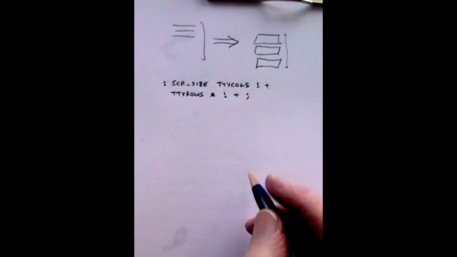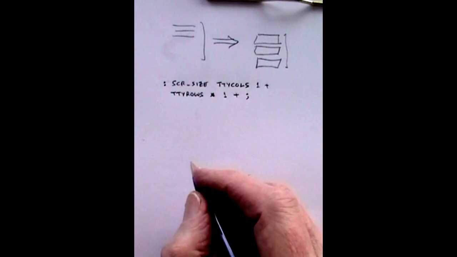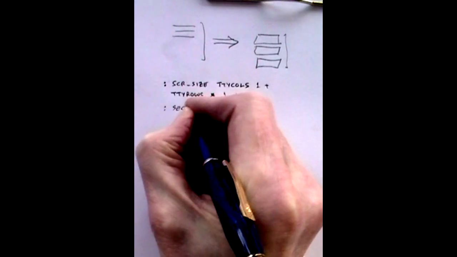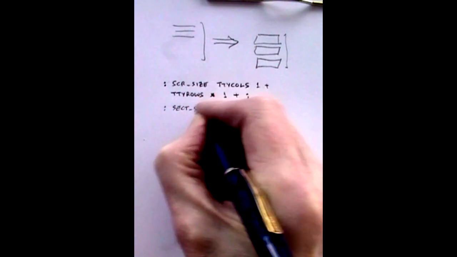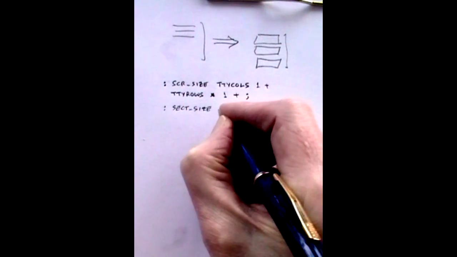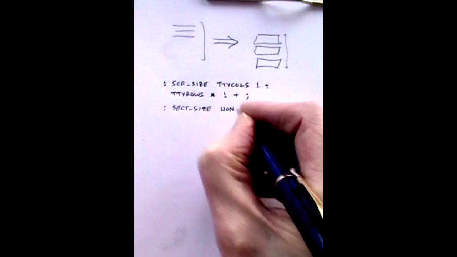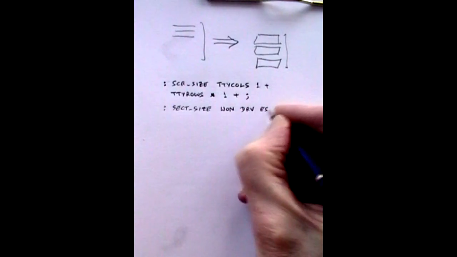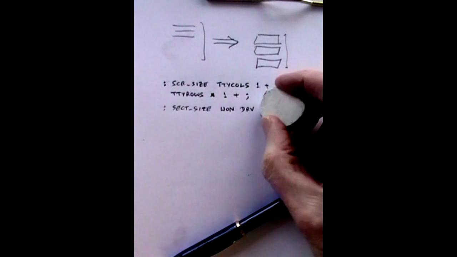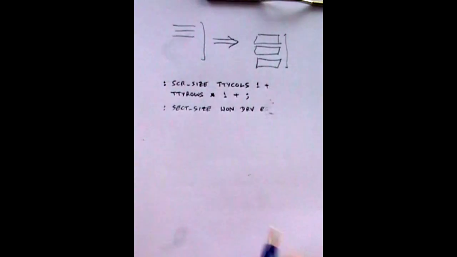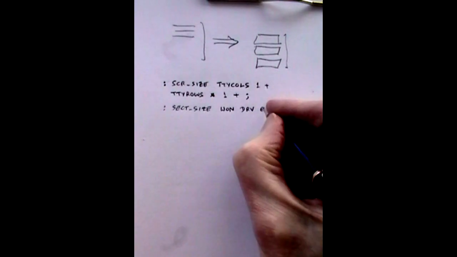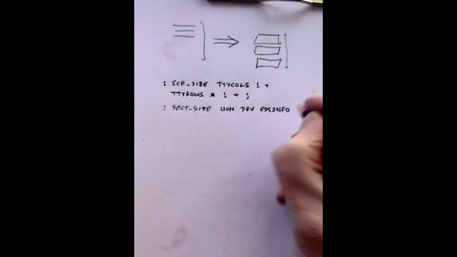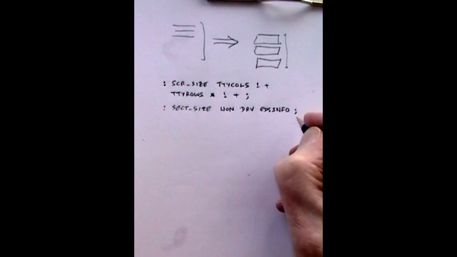And the disk sector size is available from the EDS info word. So let's do sector size. And we're going to wait for the disk to be on and then call EDS info, and that returns the size on stack.